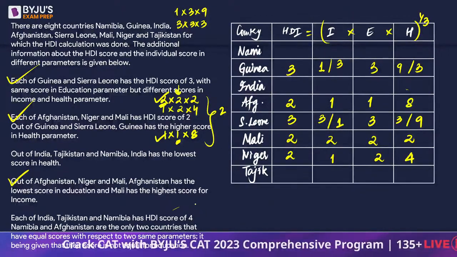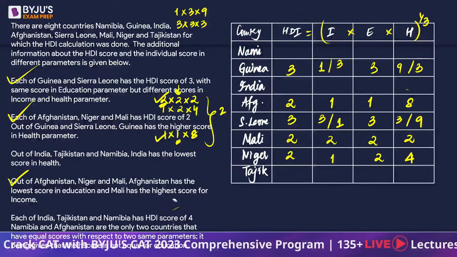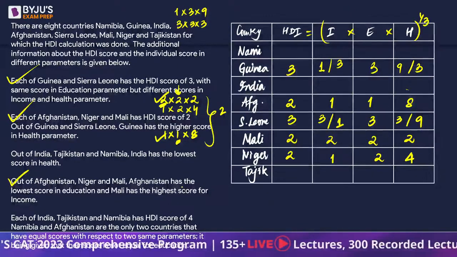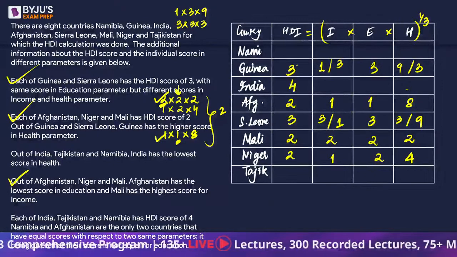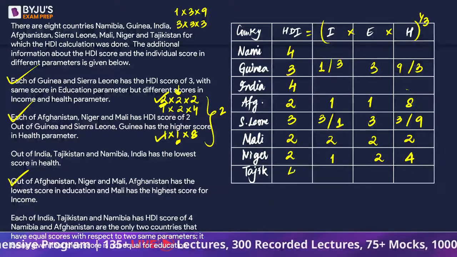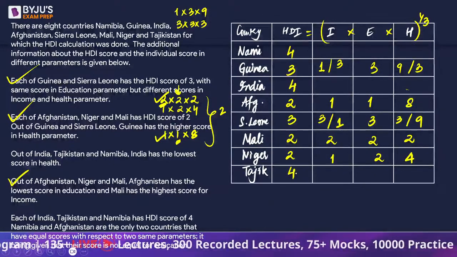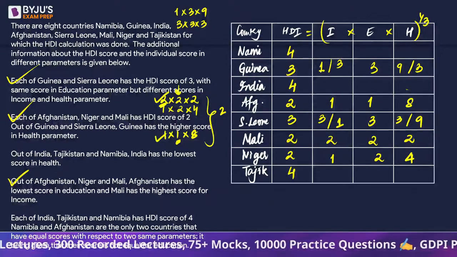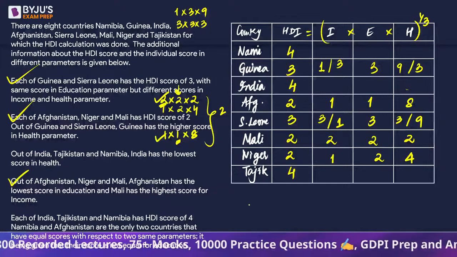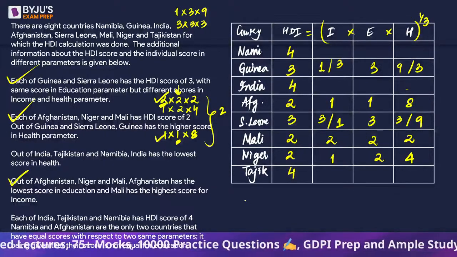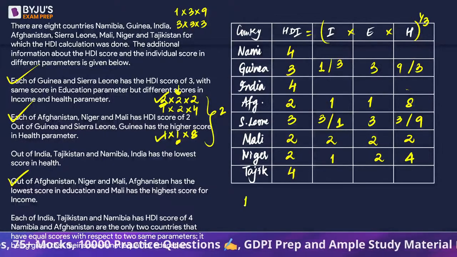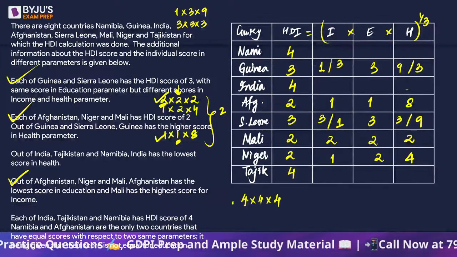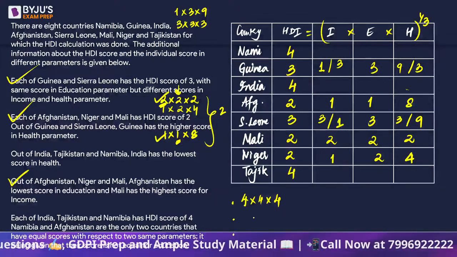Next, each of India, Tajikistan and Namibia has SDI score of 4. 4 matlab something into something into something ka cube root is equal to 4. So 64 is the product we need. 64 ke liye we can have 4 into 4 into 4 as 1. हमें 3 cases बनाने हैं, right?